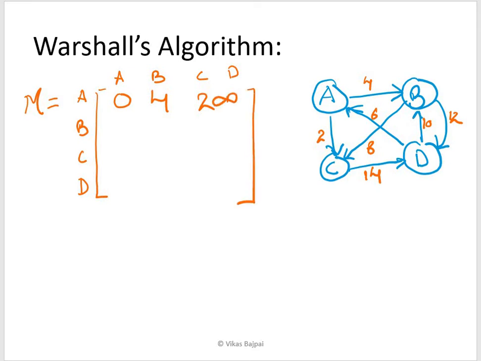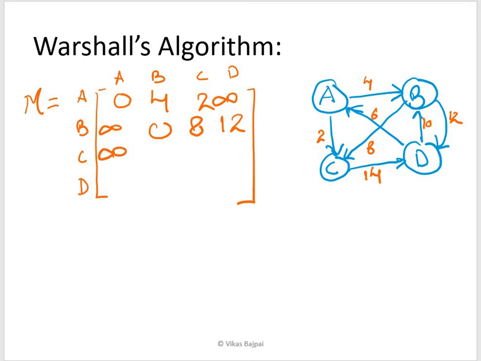And for B to A, once again I don't have a direct edge, so I will fill infinity. For B to B, of course, 0. For B to C I have 8. For B to D I have 12. And then for C to A I don't see anything, so once again infinity.